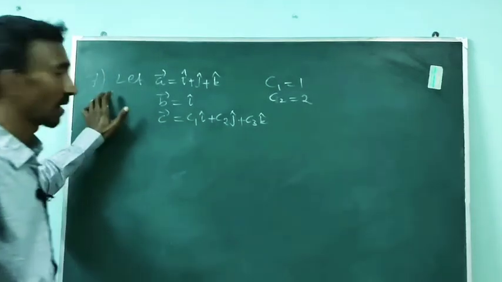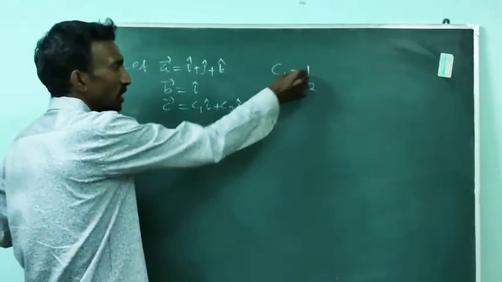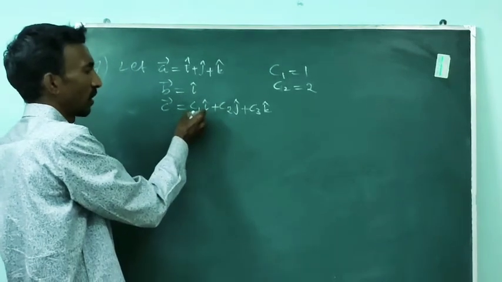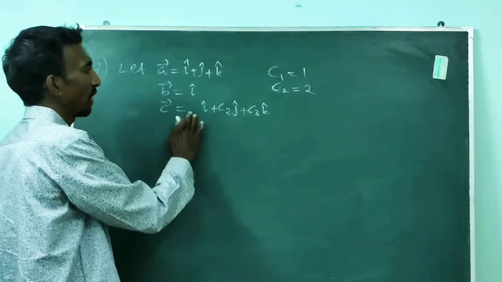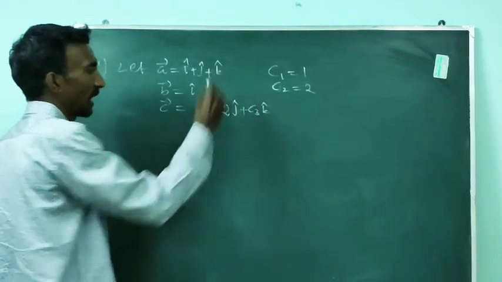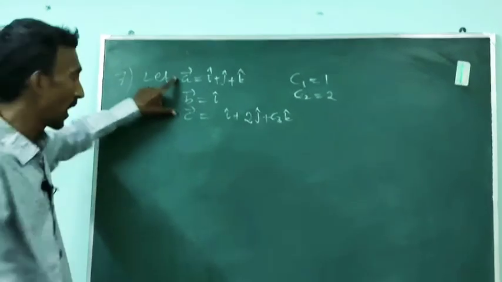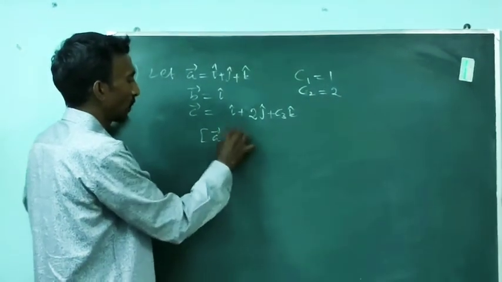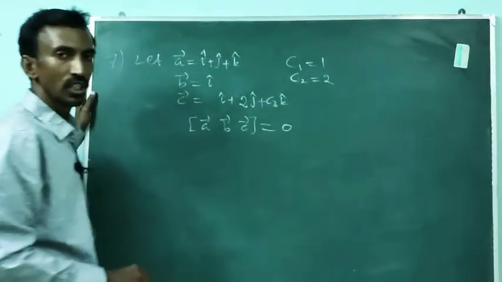That is question number 7 in exercise 6.2. So already given the C1, C2 values, you can replace here. So C vector becomes 1 into i vector plus 2j vector. Given that the three vectors A, B, C are coplanar, therefore the scalar triple product or the box product value is equal to 0.